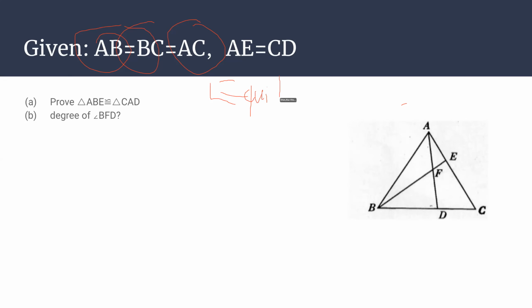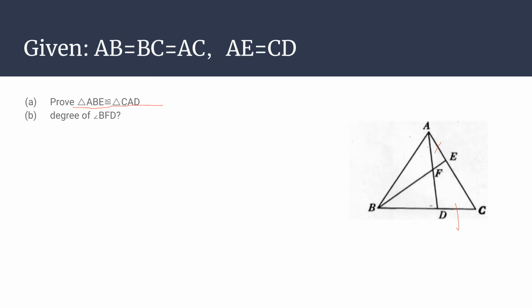What we know about equilateral triangles, as I said before, is that all three of its angles are 60. And then we know AE equals CD.